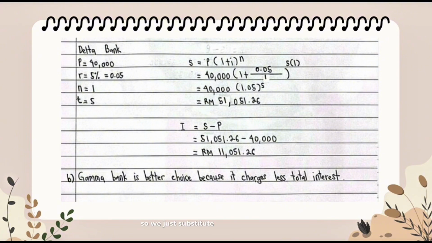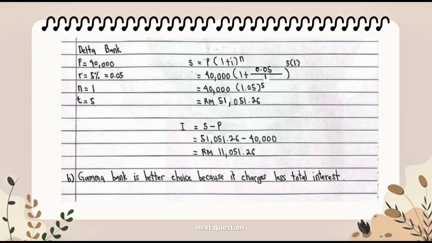So we just substitute all the information and we get the final answer, which is 51,051 ringgit and 26 cents. As usual, we use the same formula to find the interest, which is S minus P. So we just substitute everything and we get the final answer 11,051 ringgit and 26 cents.